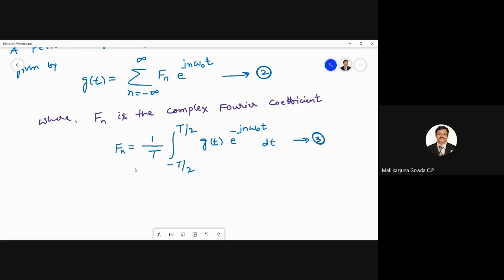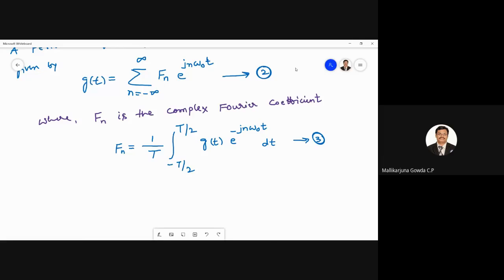With respect to wideband FM, what is a periodic signal? G of t is a general thing I have taken. And if g of t is a periodic signal, I express that in terms of complex Fourier series, and then I have defined the complex Fourier coefficient. I need to apply this to my signal.